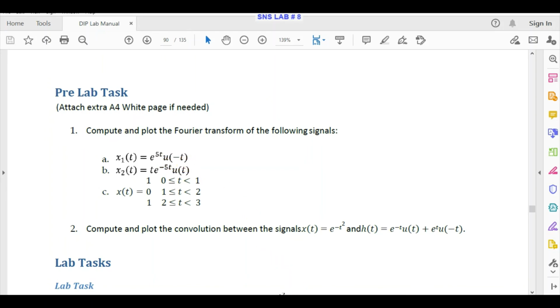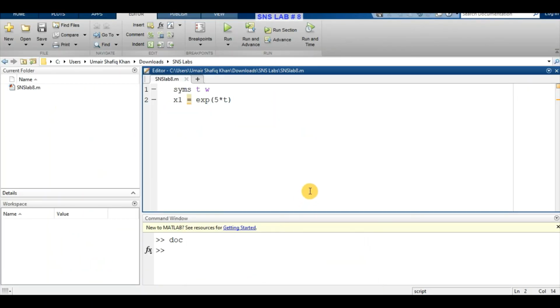As we know, for unit step we use the built-in function heaviside of minus t. So we can write our expression like this for any signal or any function.